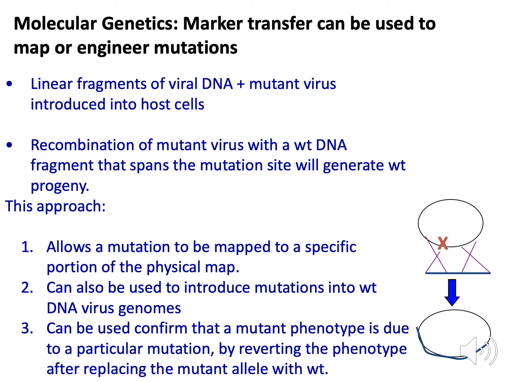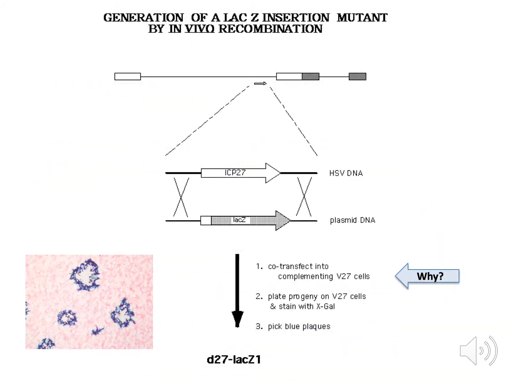All right, so I'm going to give you an example of how that was done, a system that was generated to do that really easily in herpes simplex virus infected cells in my husband Steve Rice's lab. And so one of the genes that he's particularly interested in is the gene for ICP27, infected cell protein 27.